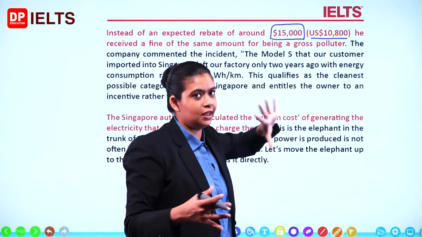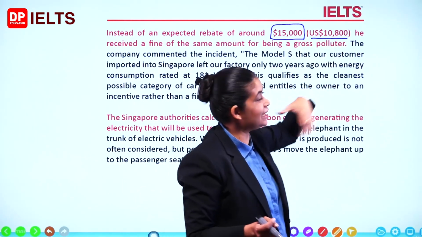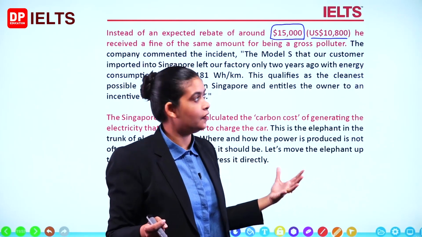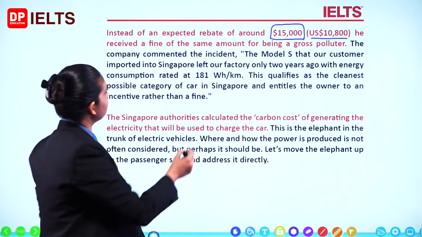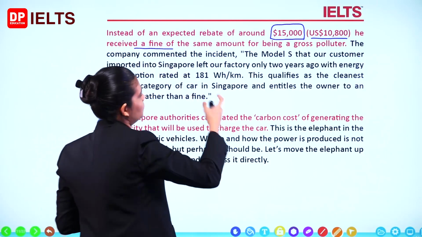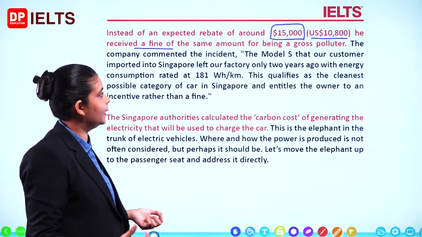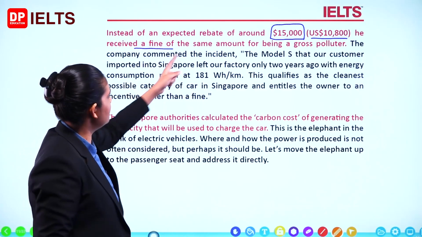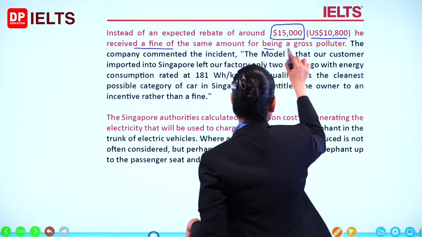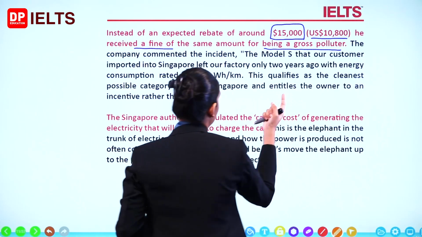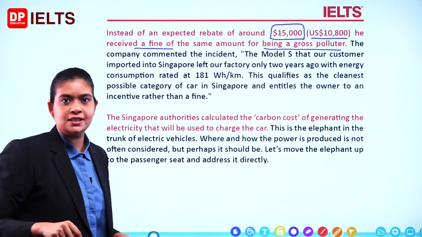What was it actually? It was 10,800 US dollars. Okay? So, he received a fine. That was his fine for bringing in the car. The same amount for being a gross polluter. So the gross amount that he was polluting, that was the same amount, 10,800.